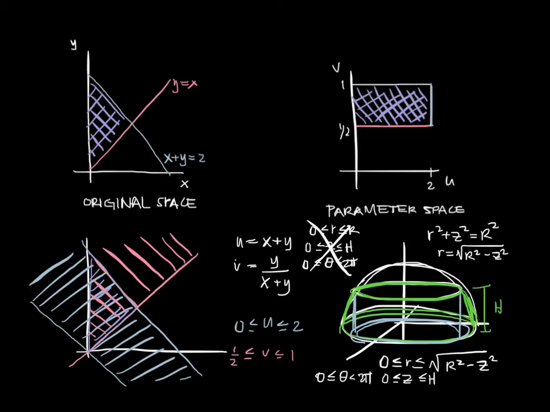Once you have r less than this function of z, you know that distance from the z-axis will be changing as you're moving northward through this hemisphere, and that's great. You only need to incorporate that in one of the variables for it to hold correctly, regardless of if you have constants over here, because the key is that all three of these have to hold at the same time to describe your solid. When all three of these hold, you end up with the light blue cylinder, which is not the region that we're looking at.